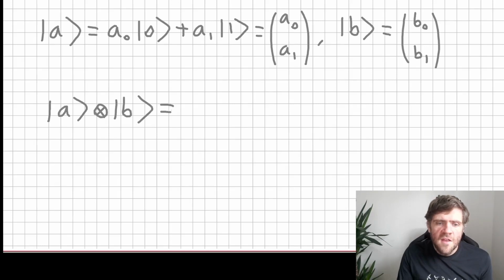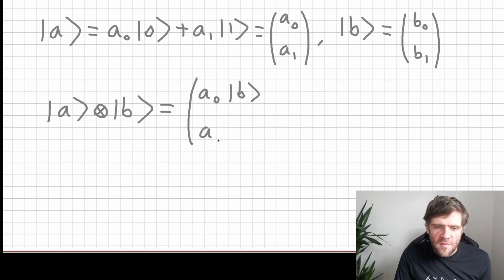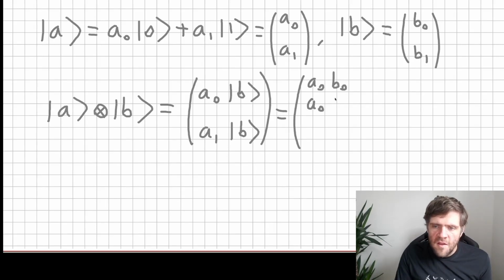what we find is that again it's effectively like we're taking the first element of the first vector, A0, and multiplying it by the second vector. We're taking the second element of the first vector, multiplying it by the second vector, and that gives us a couple of A0s multiplied by the B0 and B1, and a couple of A1s multiplied by the B0 and B1 again.